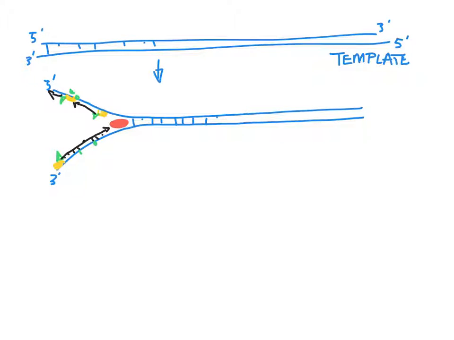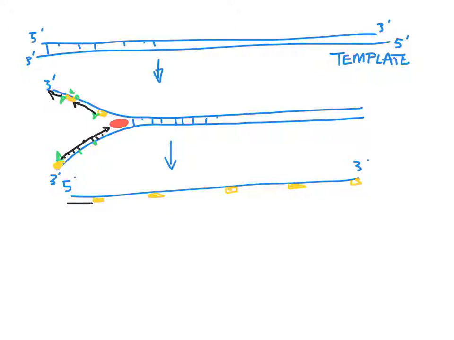Okay? And so at the end of it, when you look, you're going to get the template strand, which is the blue one. And then when you started, you had primers and primers and primers in the top strand. Okay? And again, we'll go back to the 5' to 3'.